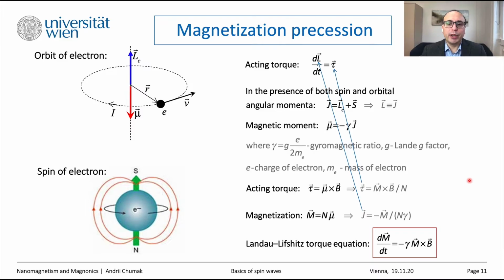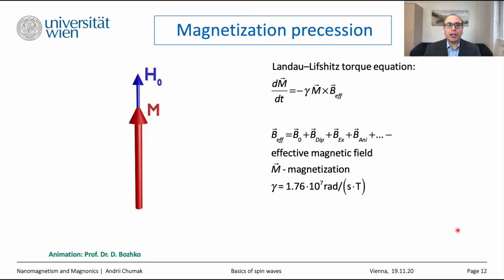Then you get the so-called famous Landau-Lifshitz torque equation, which shows that the magnetization changes in time like the cross product of magnetization times the applied magnetic induction B. And here the gyromagnetic ratio is staying here. Okay, so this is our Landau-Lifshitz torque equation, and the question is, what does it mean physically?